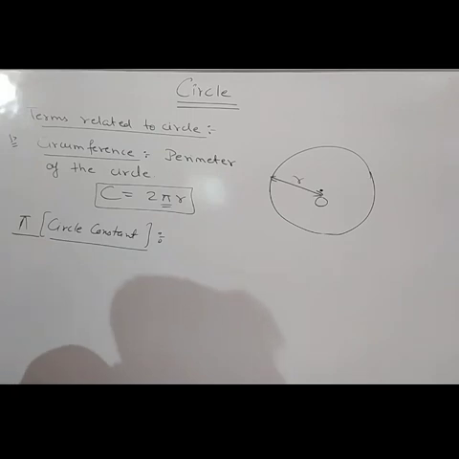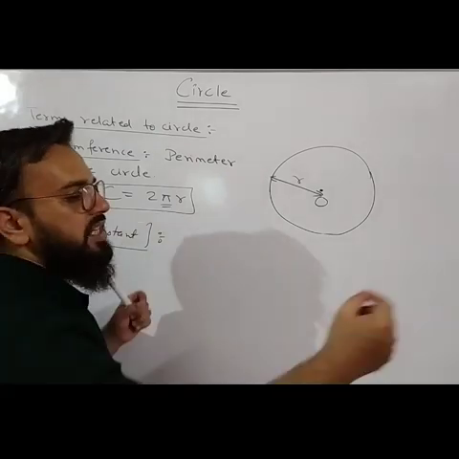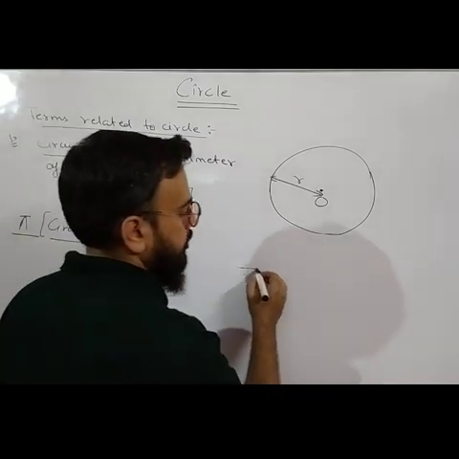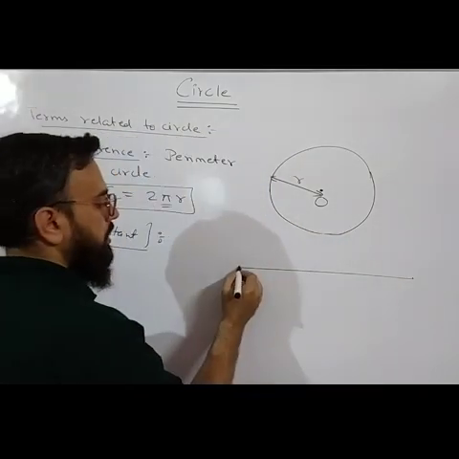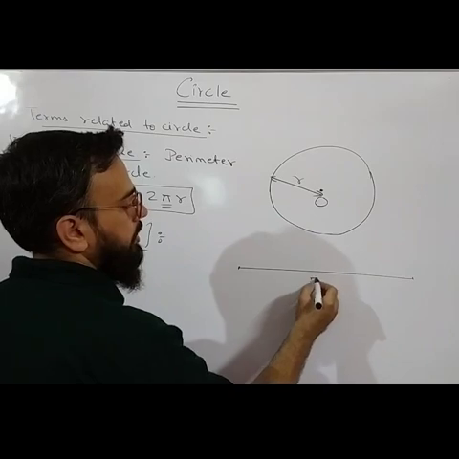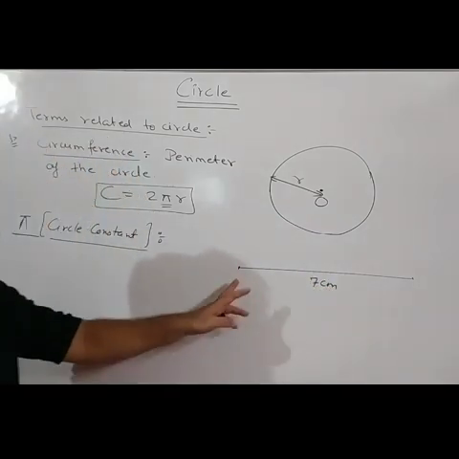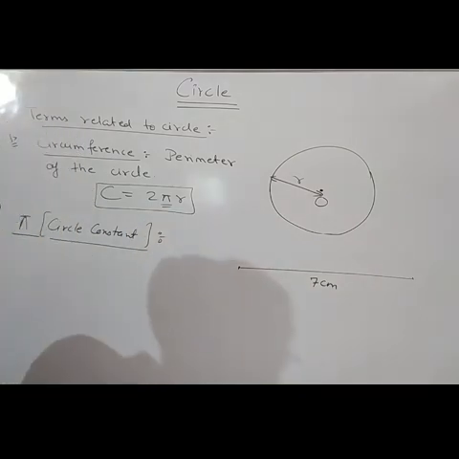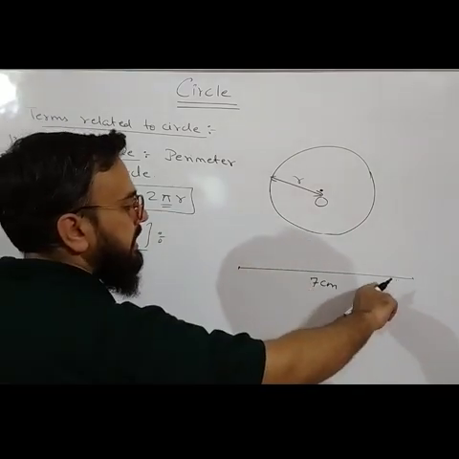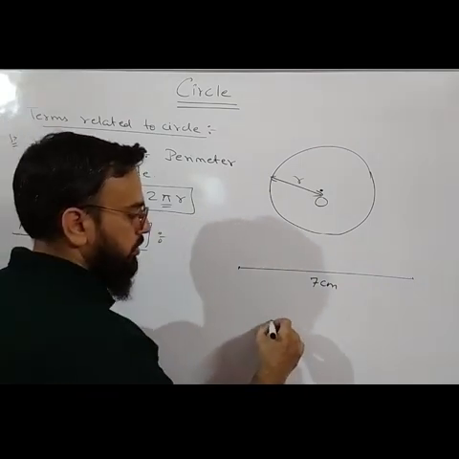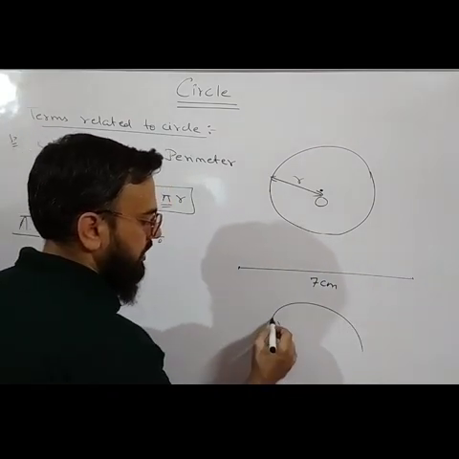suppose we have taken a string or a thread. Suppose the length of this thread is, for example, 7 cm. Just an example. Now we bend this thread in such a way that it forms a complete circle.